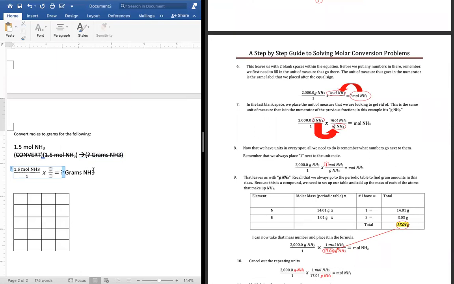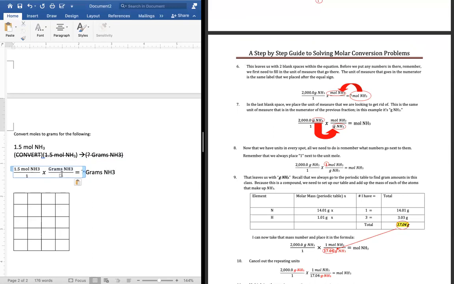The reason I put this into the back is that it allows me to fill in another part of the equation. If I know what I'm ending in back here, I know that unit of measurement must have come from right here. So if I want to end in grams of NH3, that must mean this part of the equation says grams of NH3. So that's step 6. We take what we end in and flip it in there.